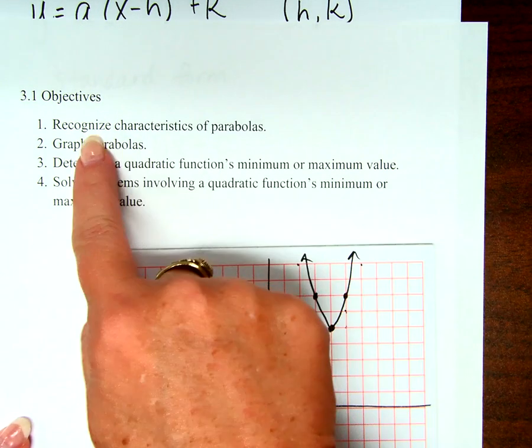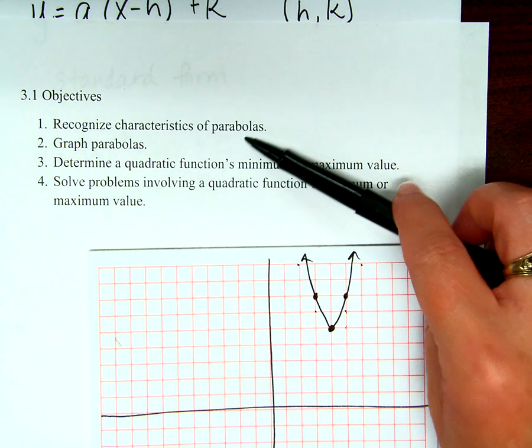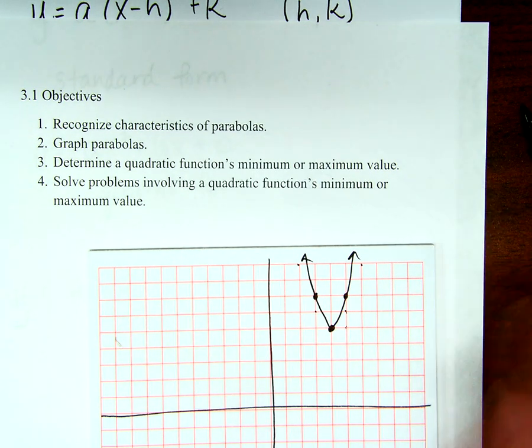So, any questions about recognizing characteristics of a parabola? What characteristic is the most important of a parabola? The vertex, right? The vertex for sure, okay? Because that vertex will also be the minimum or maximum depending on whether the parabola is opening up or down.